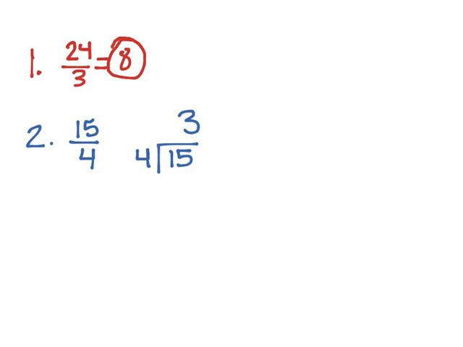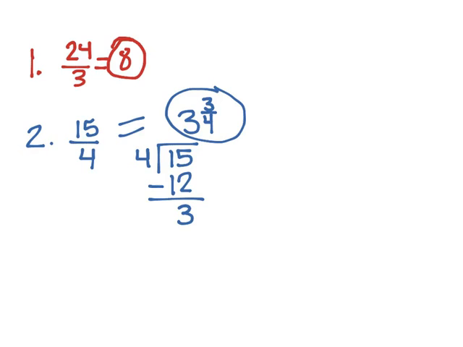So that is 3. 3 times 4 is 12. Subtract, and I have a remainder of 3. Since I have a remainder, I need to write it as a fraction. This 3 goes on the top, and then my denominator goes on the bottom. So 15/4 can be written as 3 and 3/4.